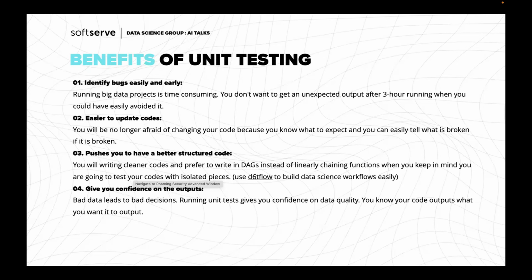And finally, it gives you confidence in the output, because bad data leads to bad decisions. Running unit tests gives you confidence in data quality. You know your code outputs what you want.